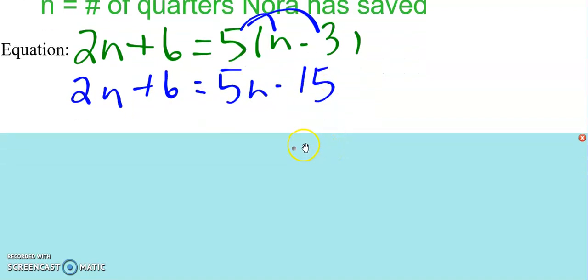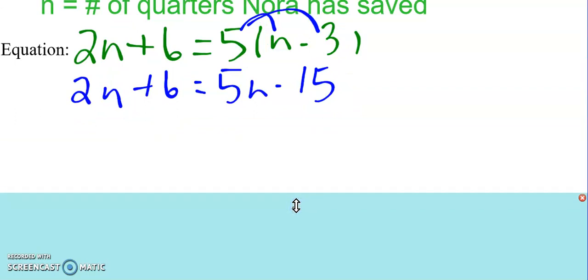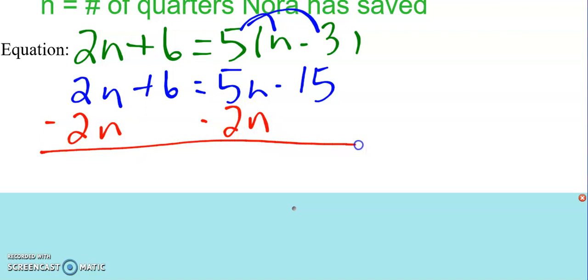Okay. Now I see variables on both sides. I'm going to move the smaller variable. So I'm going to do minus 2n, minus 2n. So we have 6 equals 3n minus 15.